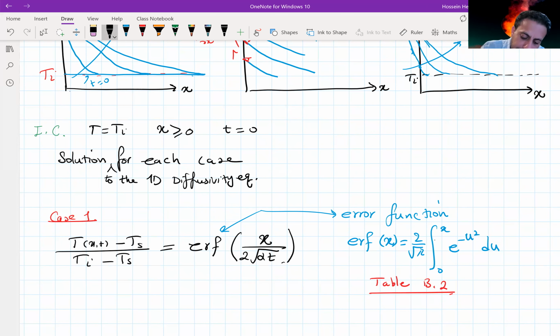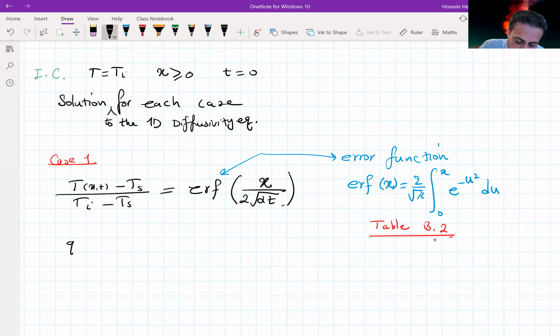Now, if you evaluate the flux, q double prime at any time at x equal to 0, at the surface, this is going to be minus k dT/dx at x equal to 0.